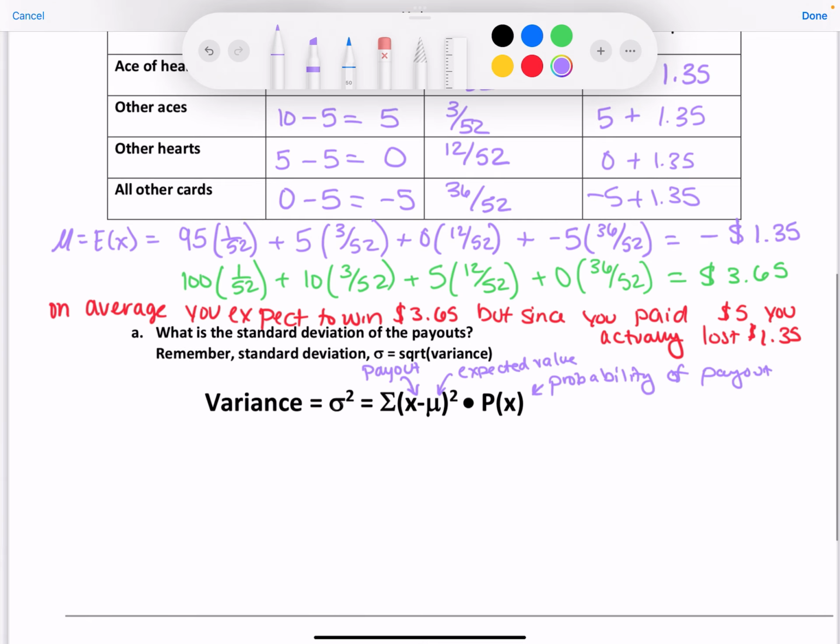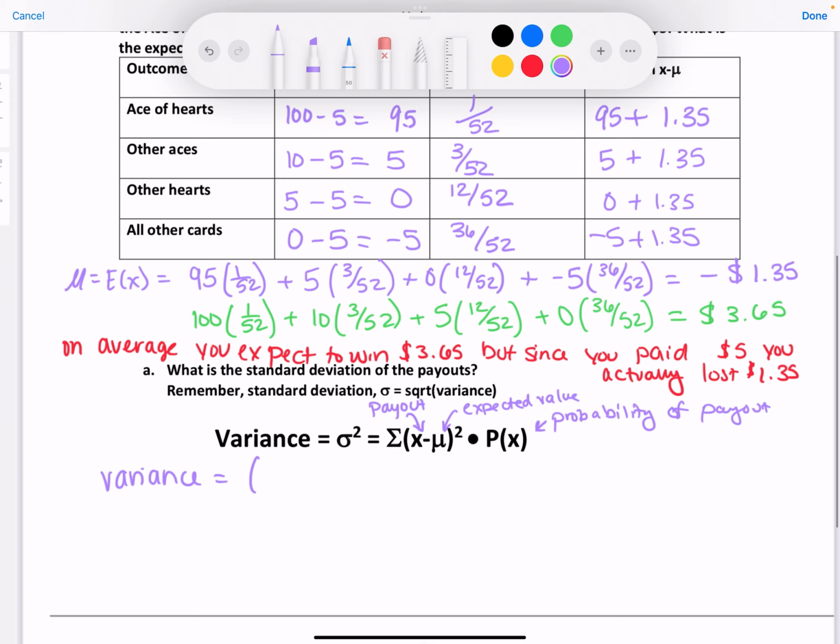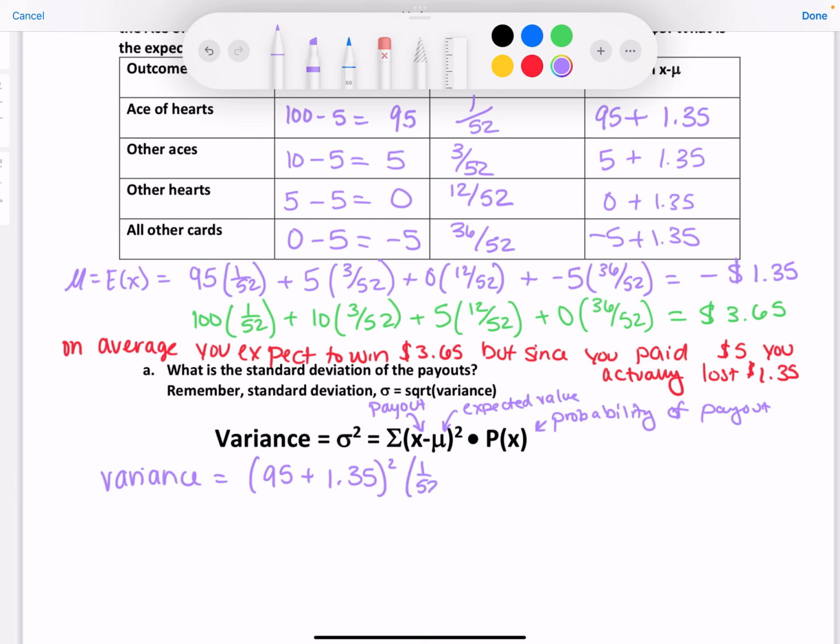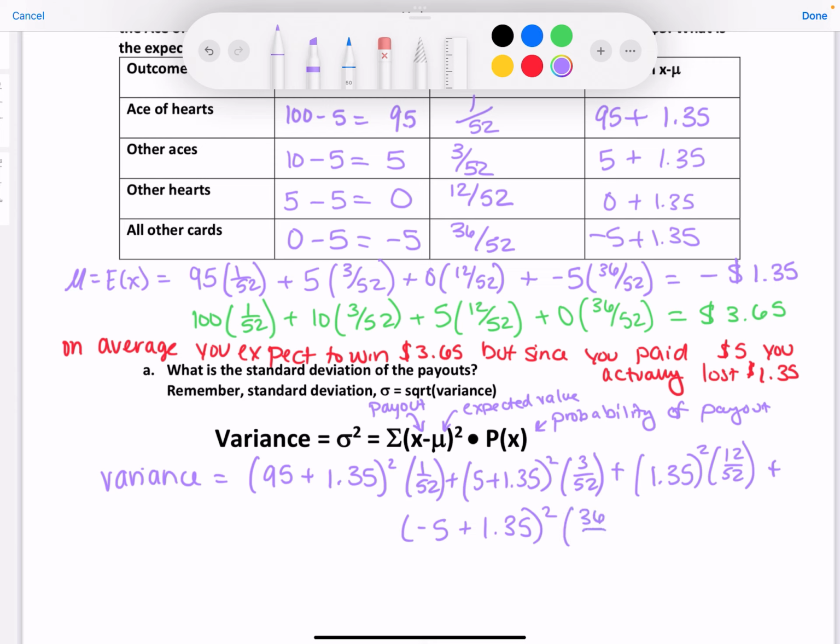So we'll have variance is equal to 95 plus 1.35 squared times 1 over 52, plus 5 plus 1.35 squared times 3 over 52, plus 0 plus 1.35, so 1.35 squared times 12 over 52, plus, okay, well, didn't all fit, negative 5 plus 1.35 squared times 36 over 52.